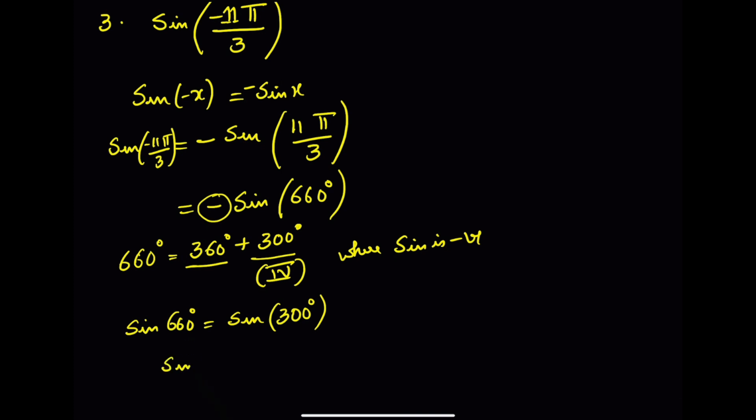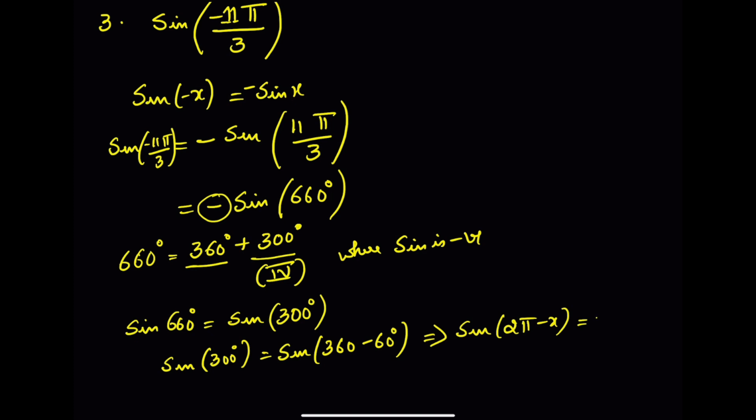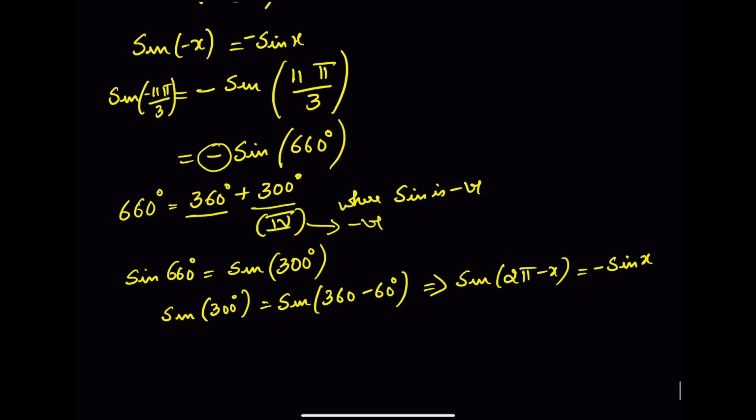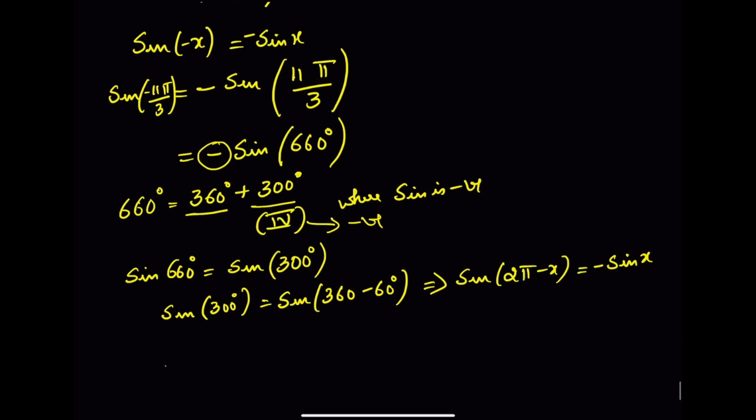So sine 300 can be written as sine of 360 minus 60 degrees. Which is nothing but sine of 2 pi minus x, which is minus sine x, because in the fourth quadrant sine is negative, correct? So let's apply this here.